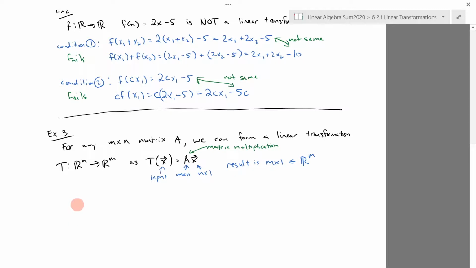You can easily see that this is a linear transformation just from the properties of matrix multiplication. T of u plus v means multiplying, so u plus v goes in for x. So you have A times u plus v, but matrix multiplication is distributive, so this is just Au plus Av, which is transforming u and v separately.